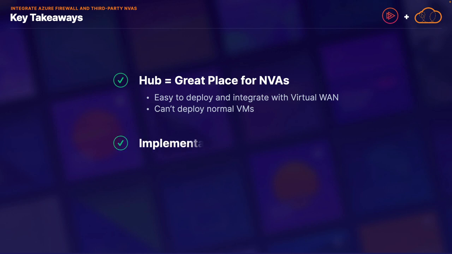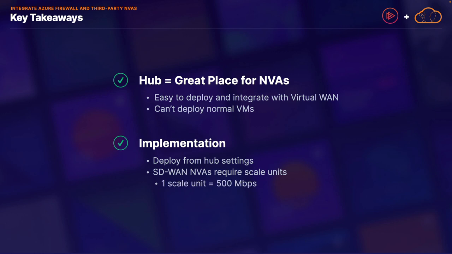From an implementation perspective, when working with both SD-WAN and security products, we deploy these from the virtual hub settings. From the SD-WAN virtual appliance perspective, we need to assign one or more scale units to our individual products, in which a scale unit is 500 megabits per second of aggregate throughput. And we also covered that when working with third-party security products, not SD-WAN products, that requires a network gateway to be deployed to our virtual hub as well.